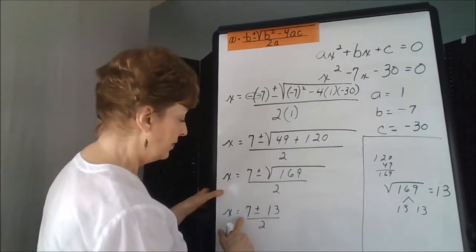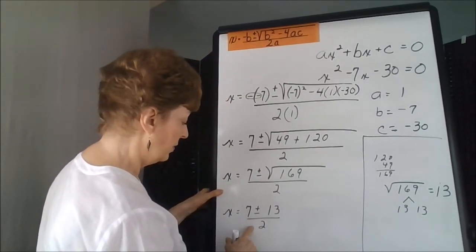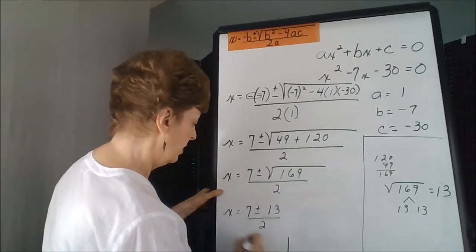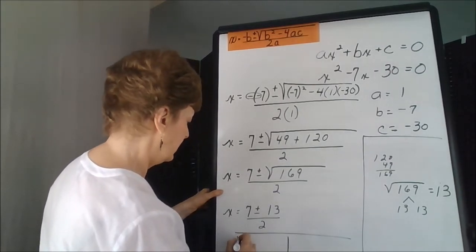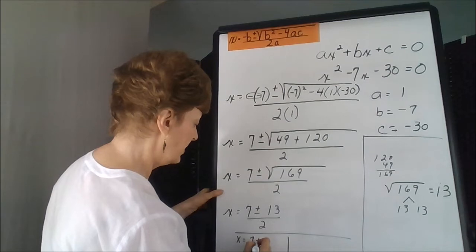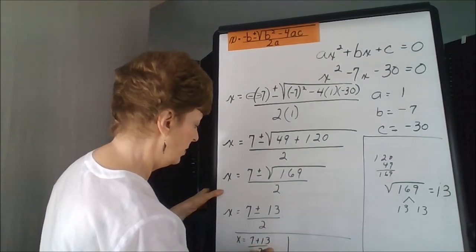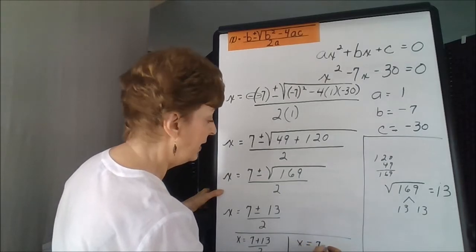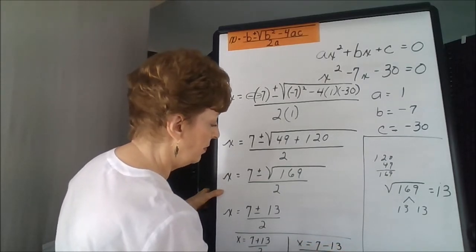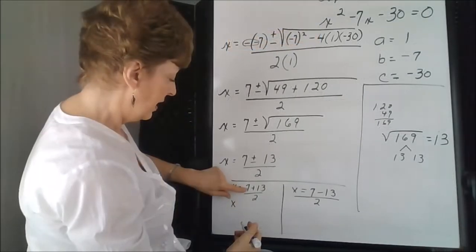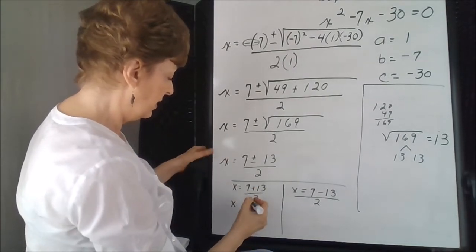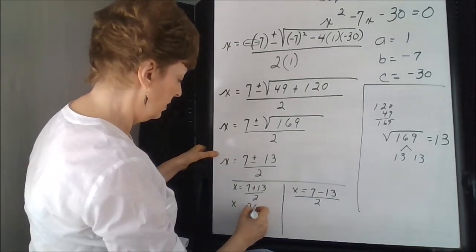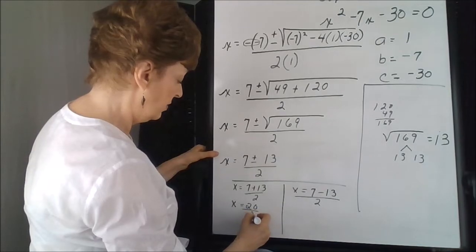And now we have 2 solutions that we can do. We can have X equals 7 plus 13 divided by 2, or we can have X equals 7 minus 13 divided by 2. In this case, we have 7 plus 13 is 20 divided by 2.